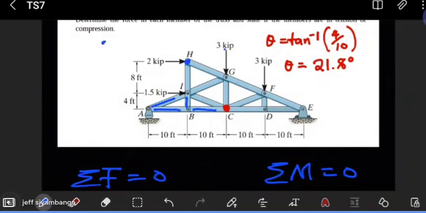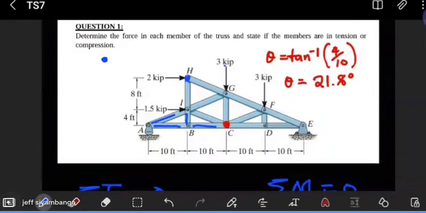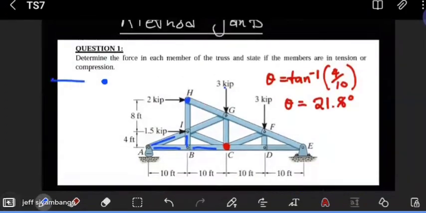So for the joint at H, what is happening? The 2 kip is already given and it is going towards the joint. We can't change this. But for the other members, we can now make our assumption. We'll assume we have a force running from H to I, putting HI as tension.